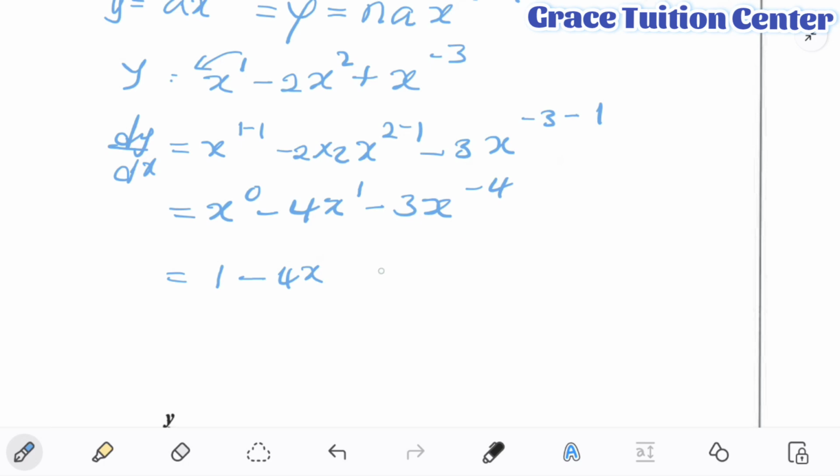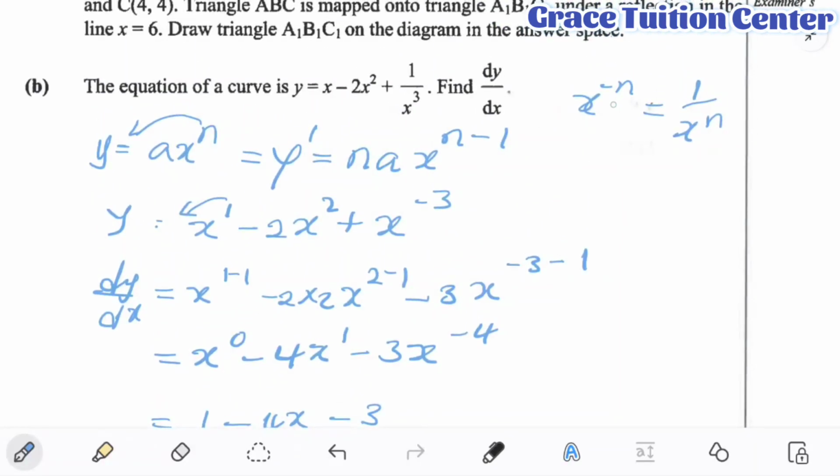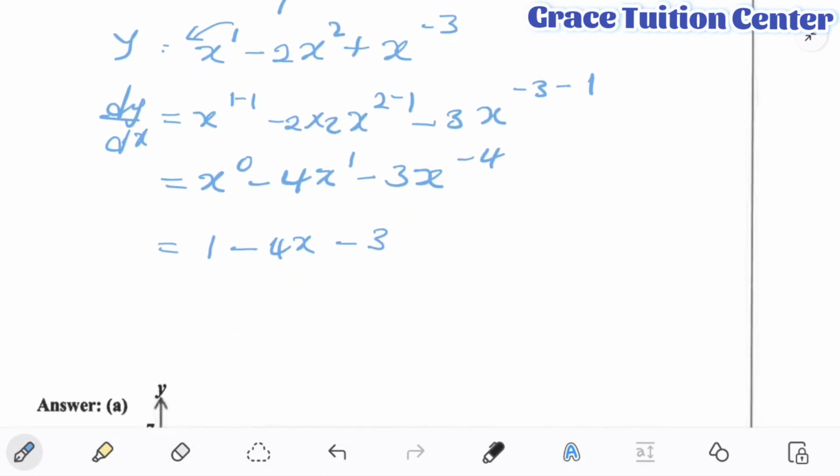Then here we have negative 3. Are we together? Now, x to the power negative 4. If we go back and look at this rule here, x to the power negative n is the same as saying 1 over x to the power n. And so we have to take this negative down. We can't leave our answer with a negative power. So we're going to say negative 3 times 1 over x to the power 4.